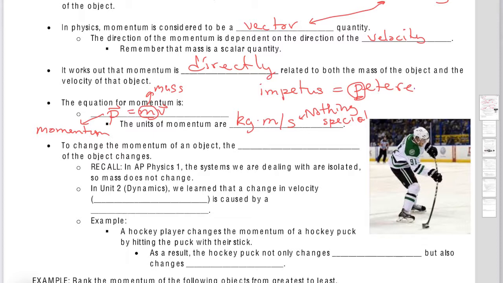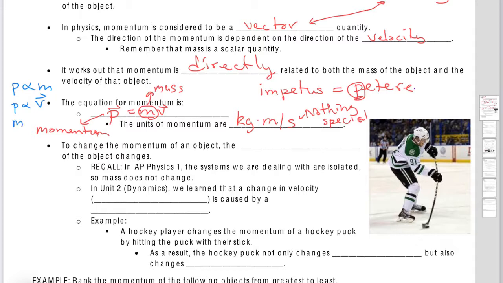And so if we talk about some of the relationships that we like to do, if you look at the equation, p is directly proportional to mass, which means the bigger the mass, the more momentum. It's also directly proportional to the velocity, so the more velocity it has, the more momentum it has.